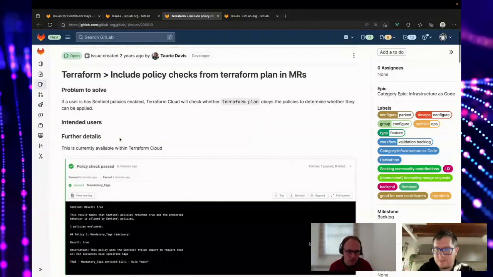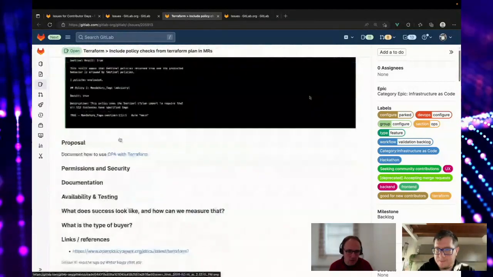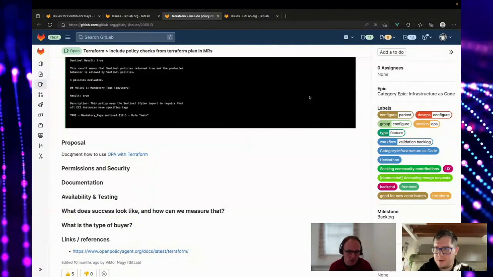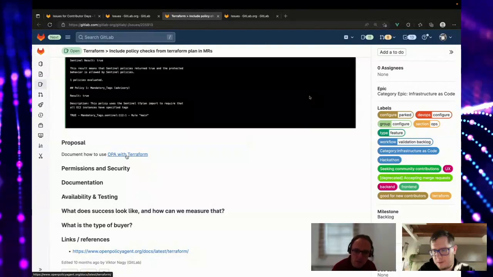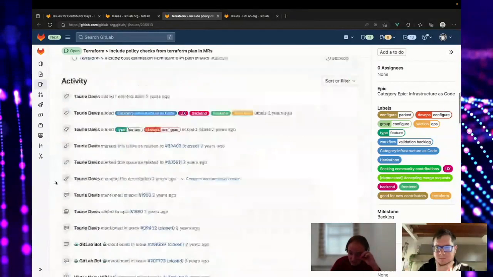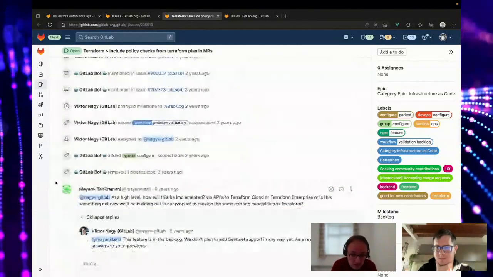I think it's Terraform related. Oh, this is the documentation proposal: document how to use OPA with Terraform. Yeah, so Open Policy Agent. It's a Kubernetes thing, I think.